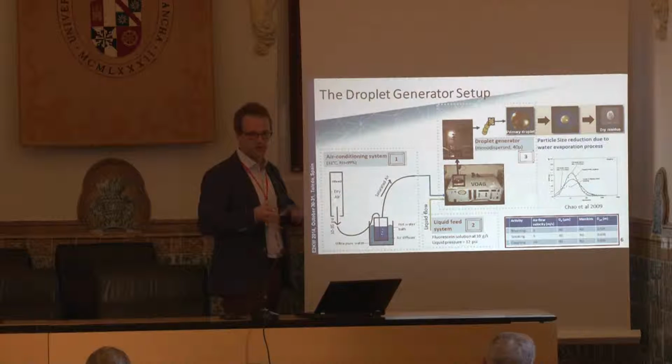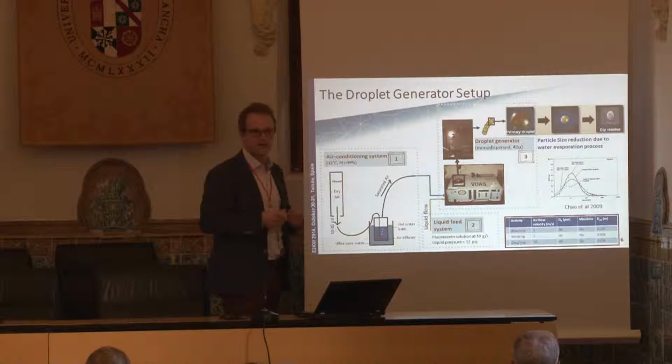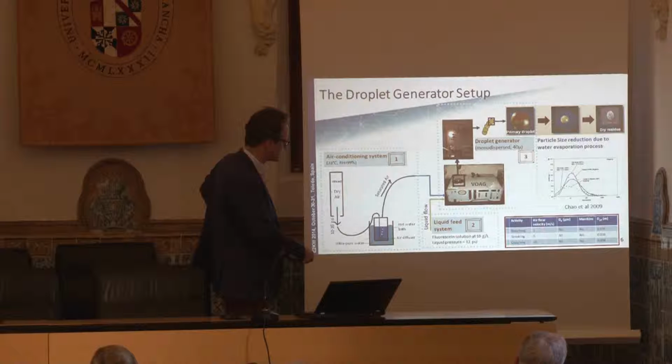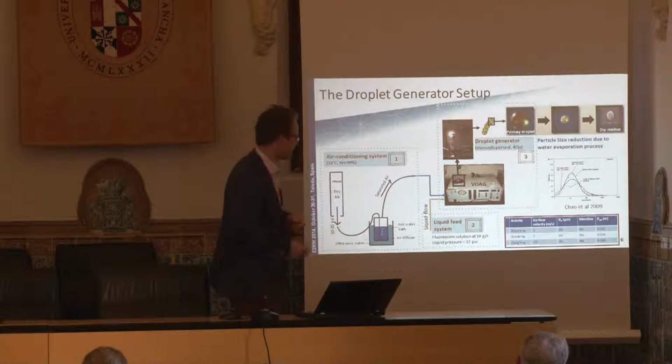In terms of moisture and air velocity, we had to consider breathing, coughing or speaking, which all correspond to different airflow velocities, 1, 5, 10 meters per second. And then we had to control the size of the droplets. That was a crucial point for that project.